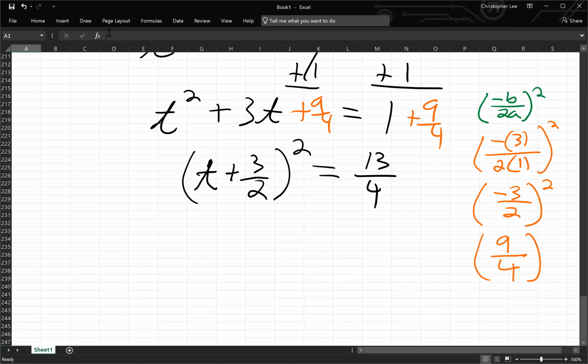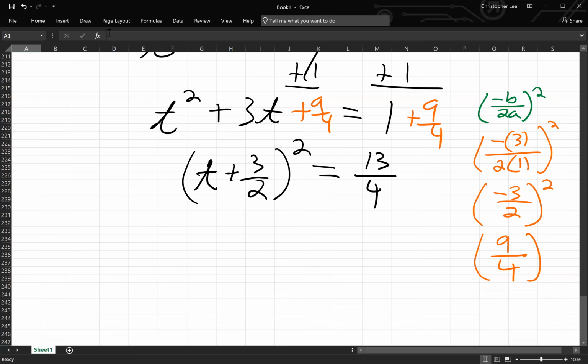When I say quadratic, I mean any polynomial of degree 2, however it looks. You add it to both sides, always. Then you factor one side and add it to the other, and then boom, that's it.